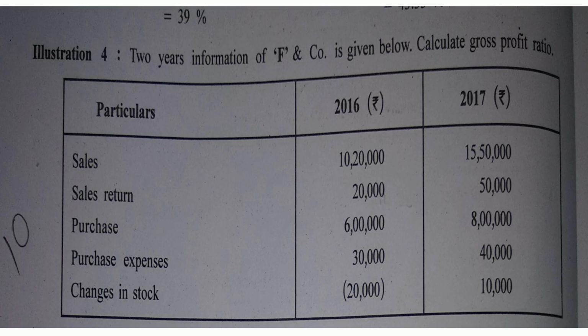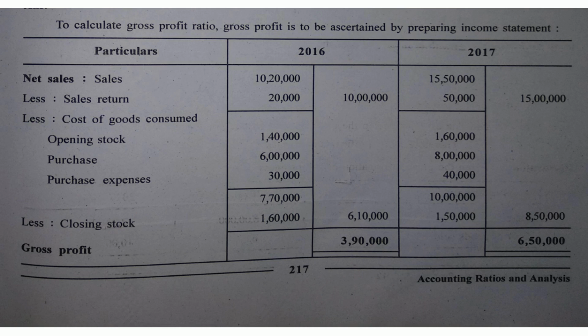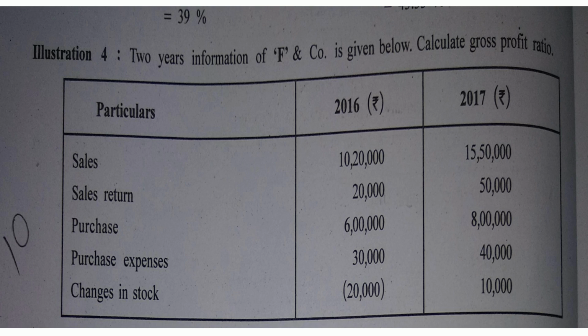If you place the necessary figures in the formula, illustration 3 is given on page number 217, and after that on page number 218 the calculation has been presented and the answer is obtained, the image for which failed to be captured here. So please look into your textbook and obtain the same.